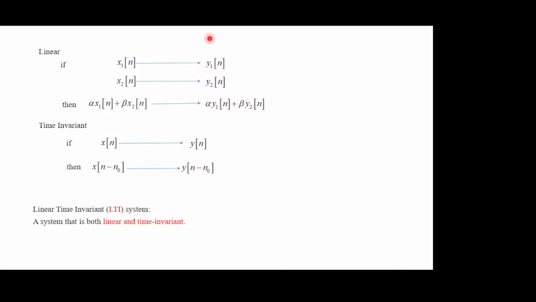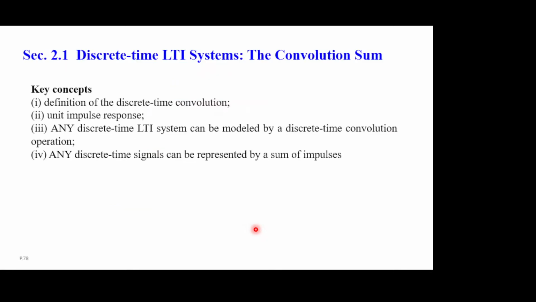So we are going to see that we can characterize a system that satisfies both of those properties in a very nice way. And LTI system is just a shorthand for linear and time invariant system. Okay, let's see what we want to do with this.